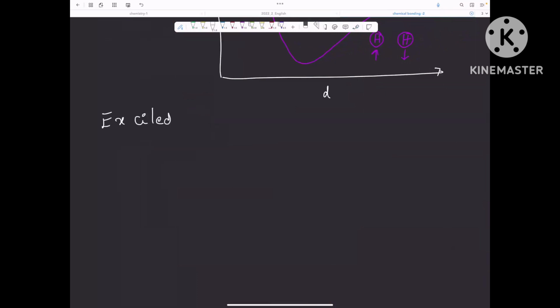Excited electronic configurations, atomic configuration. To understand the theories, please note that why the attractions start with anti-parallel spins and why the repulsions start with parallel spins, we only understand by theories.